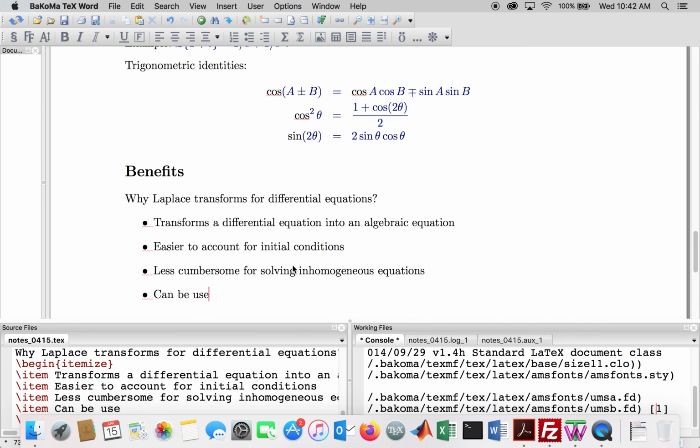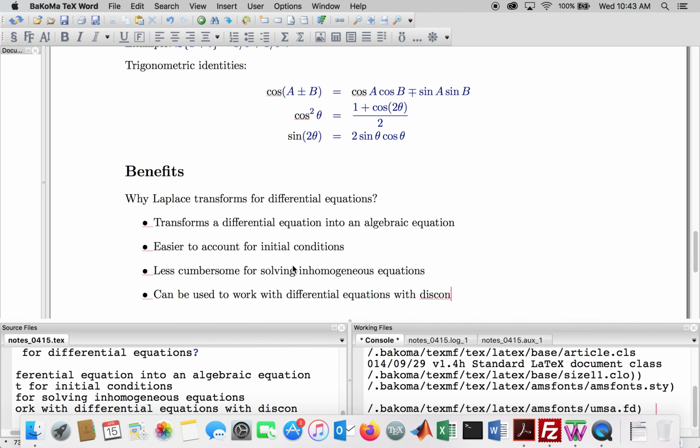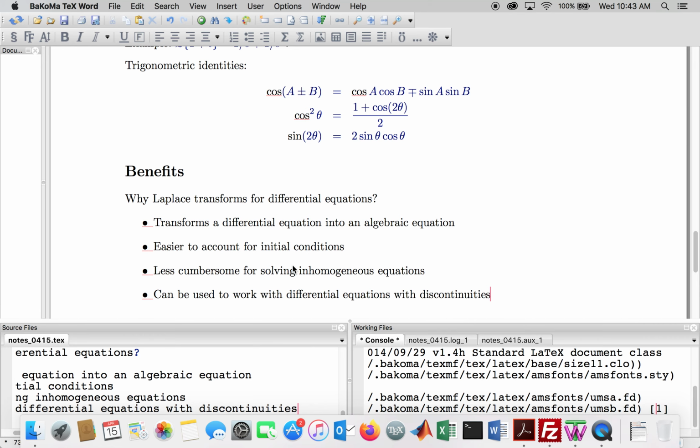And one more reason is that it can be used to work with differential equations with discontinuities. So if a coefficient, or what we'll see is the right-hand side, has a piecewise definition, if it has discontinuities in it, the Laplace transform makes it remarkably easy to take those into account, because Laplace transforms have been worked out for these kinds of functions also.